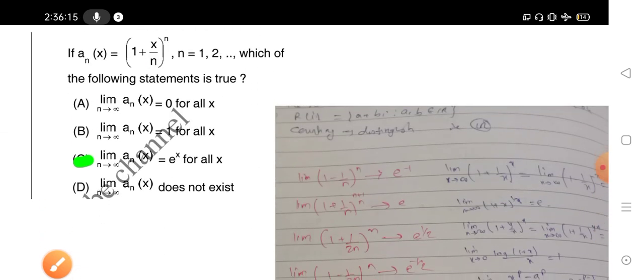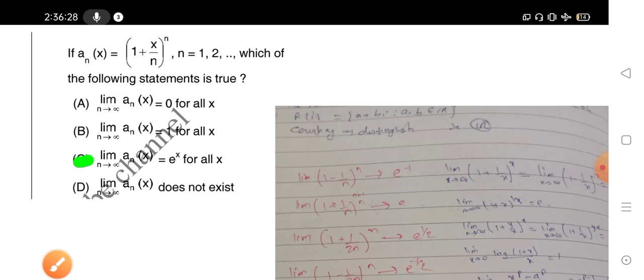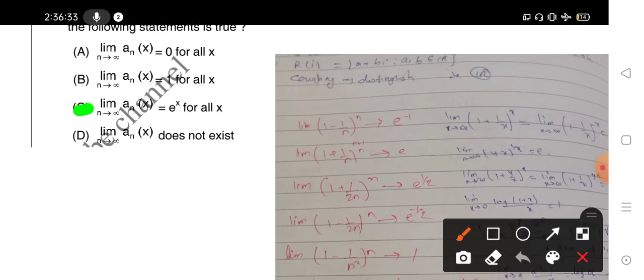Next question: if fn of x equals 1 plus x upon n raised to n, n runs from 1 to infinity, which one of the following statements is true? Here we are asked which is true. Here is one result: the limit as n tends to infinity of 1 plus y upon n raised to n equals e raised to y.